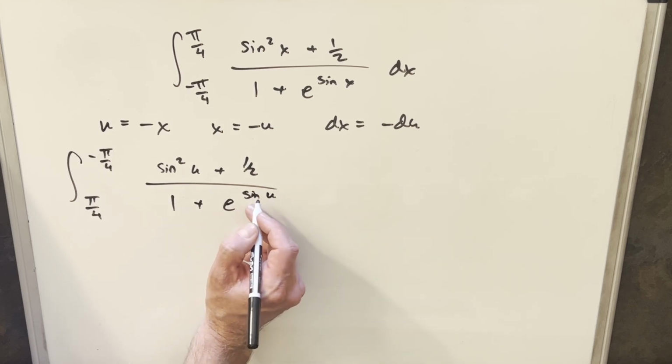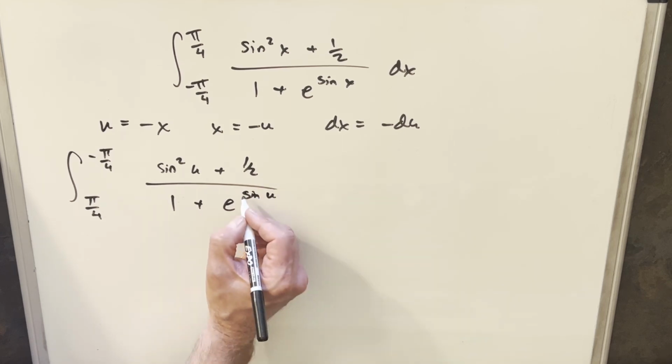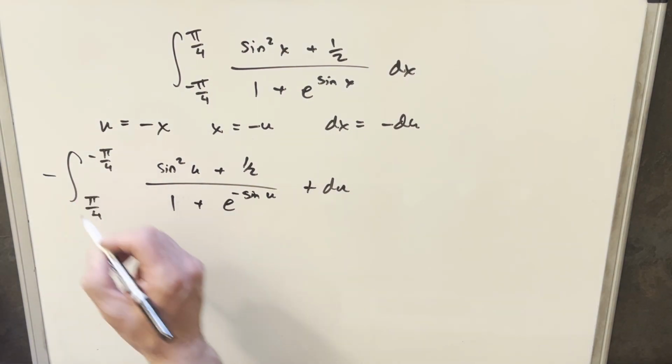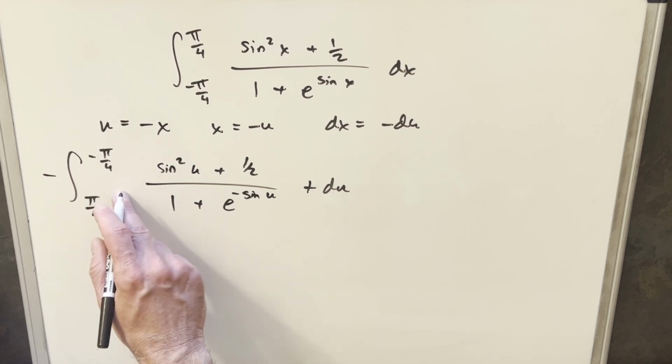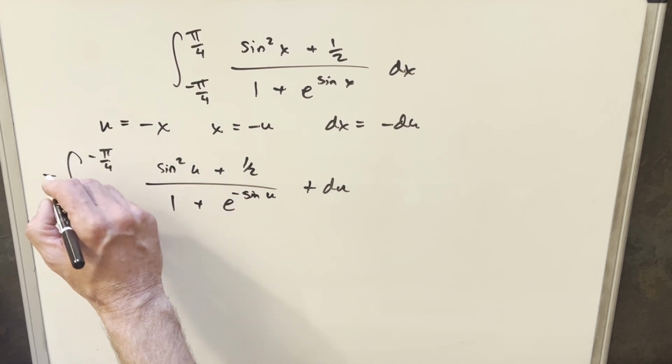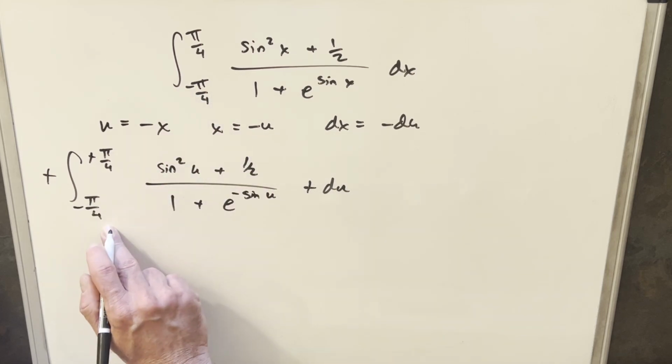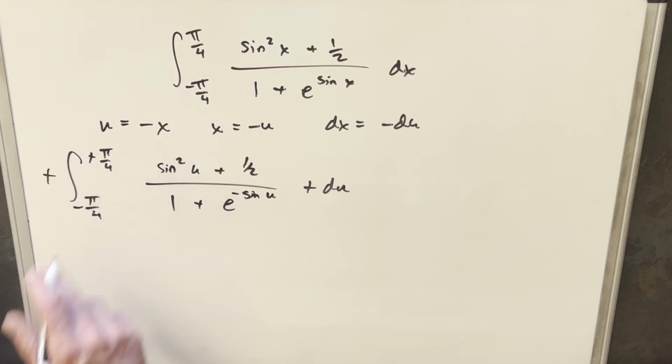Sine's an odd function, so I'm going to take this minus up front, and then we have our minus du. Now I'm going to take this minus out front of the integral in order to swap the bounds. So we're going from minus pi over 4 to pi over 4 again.